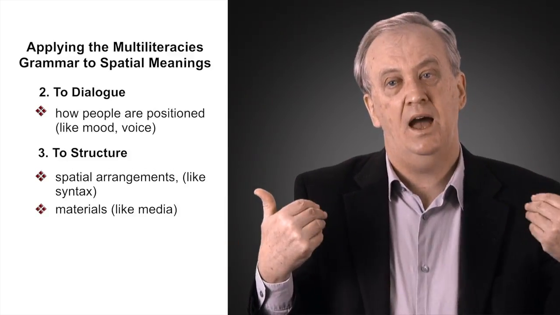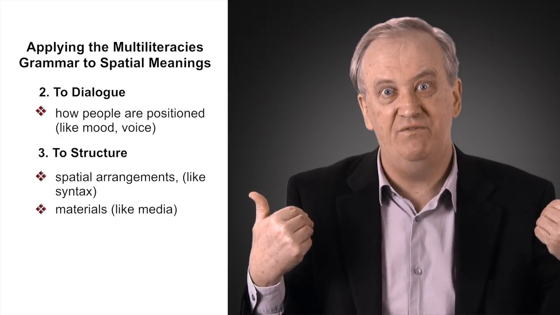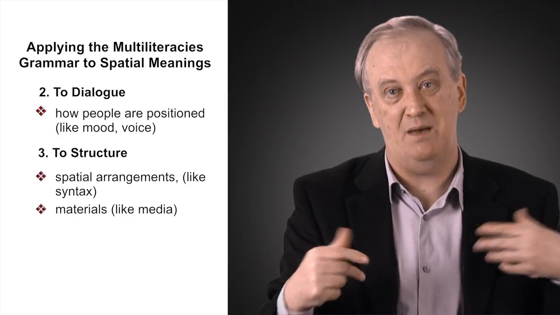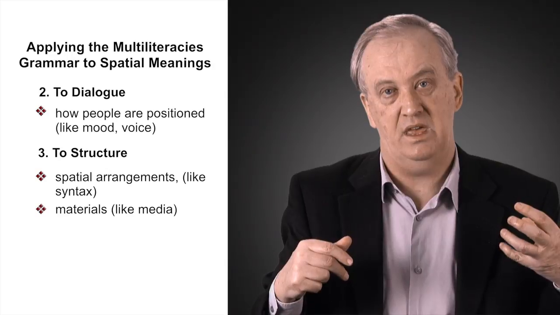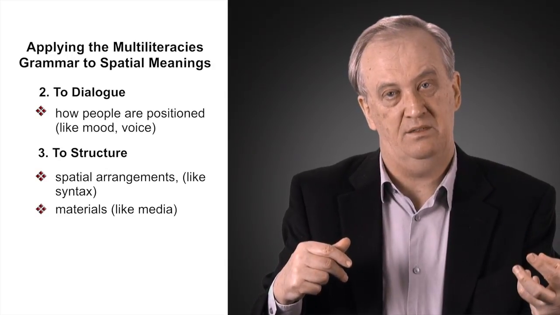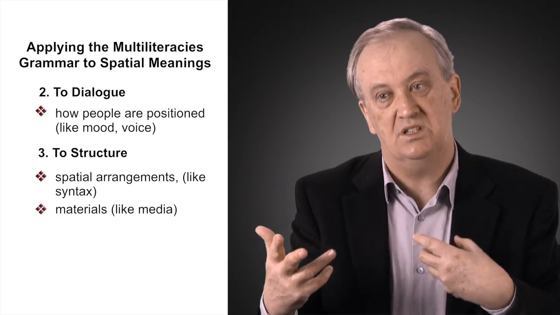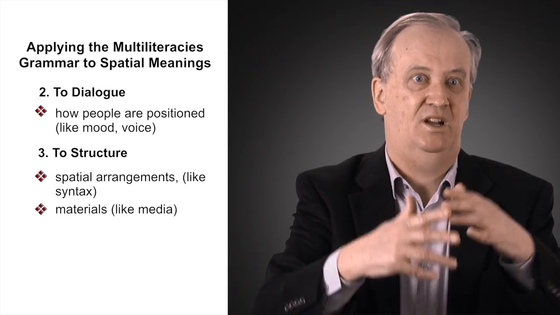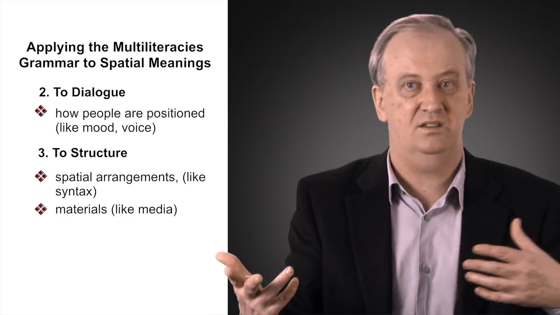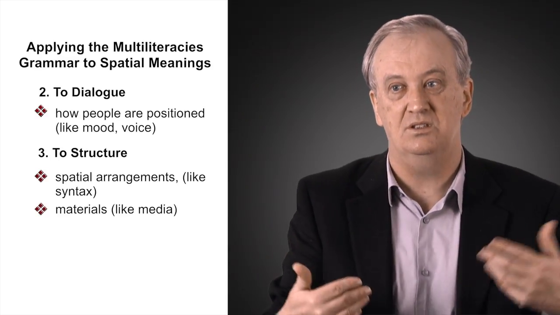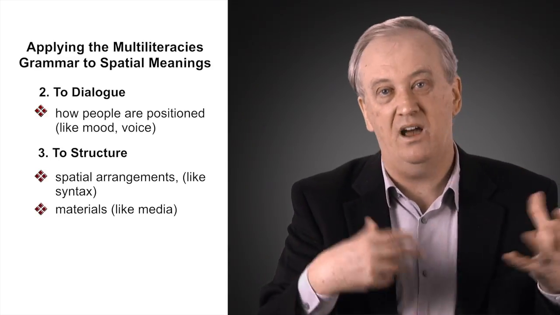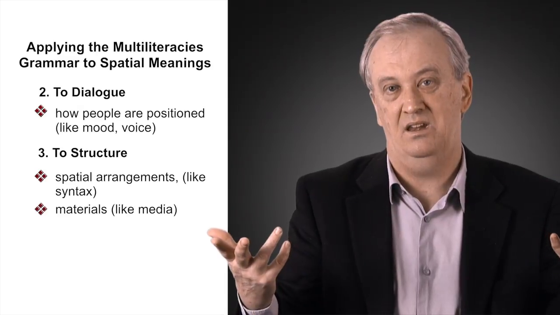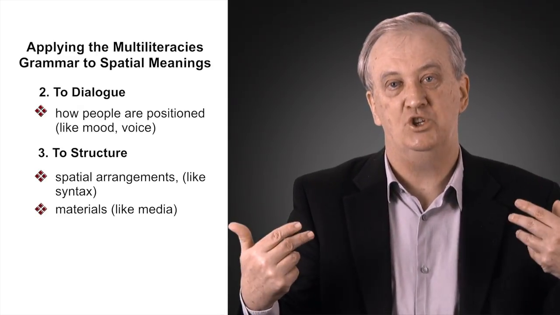But also, these are spaces which configure dialogue. We saw the example there in the cafe or the street scene, and people are also positioned in supermarkets, in a lecture theatre. You're positioned, and it's like mood and like voice in language, the way in which you're positioned.